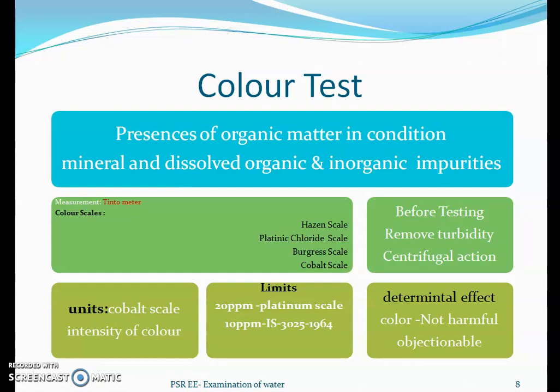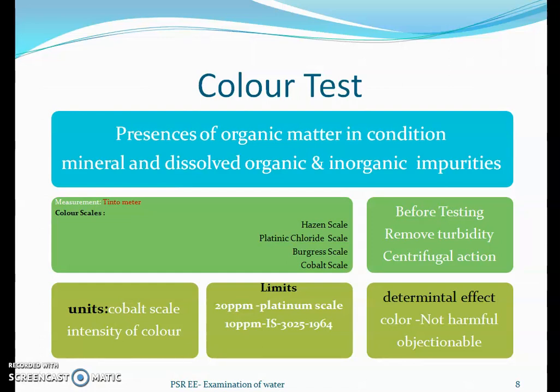Then what should the limits be? The limit should be 20 ppm on the platinum scale. But according to IS code 3025/1964, if you are supplying water to the public, it should be less than 10 ppm, then only we can supply.